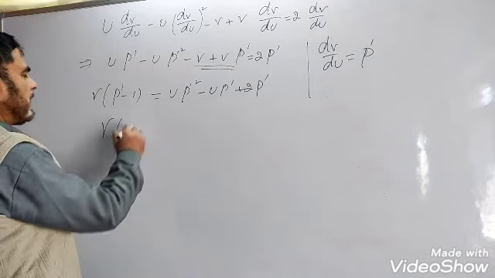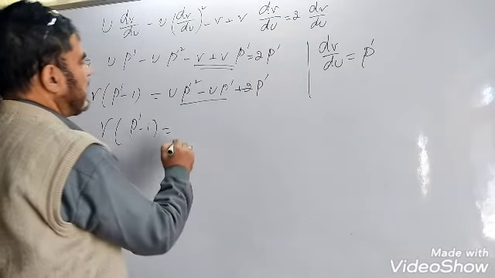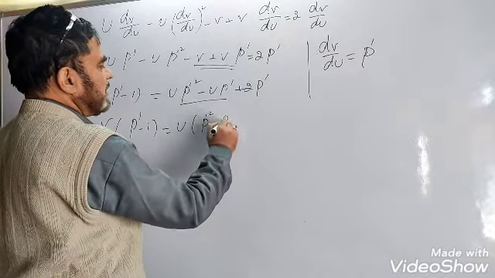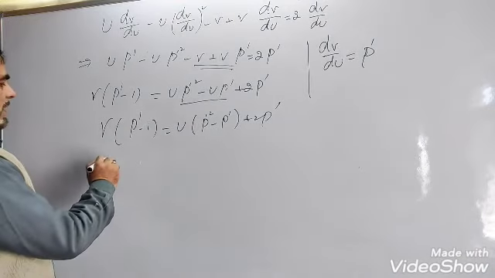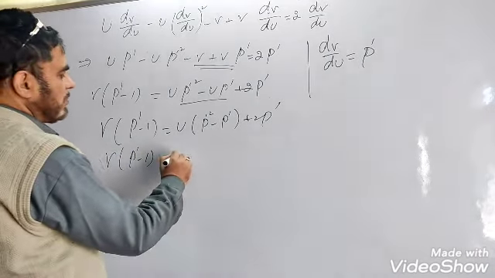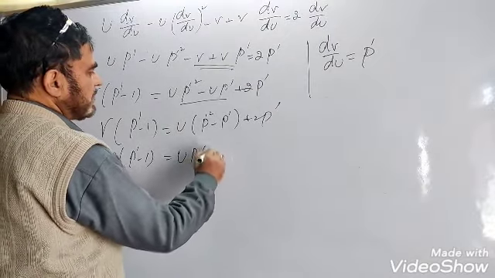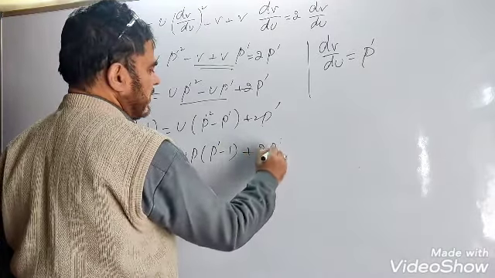This is v times p dash minus 1 is equal to, taking u common, p dash square minus p dash, plus 2 p dash. You can write v times p dash minus 1 is equal to u times p dash, common p dash minus 1, also here plus 2 p dash.